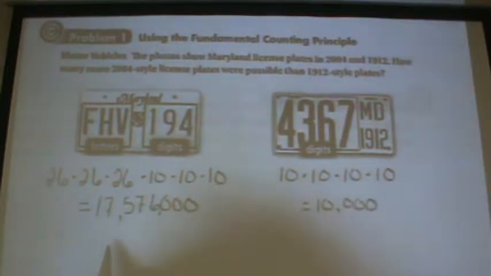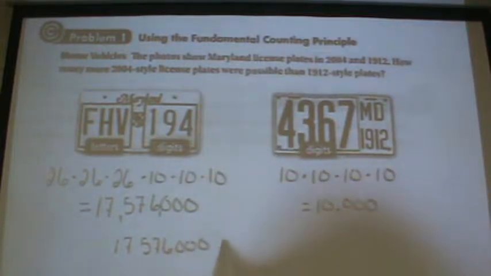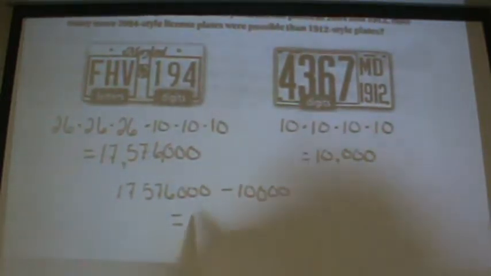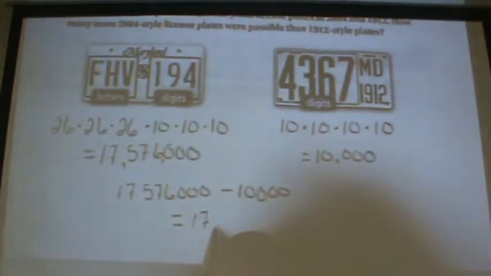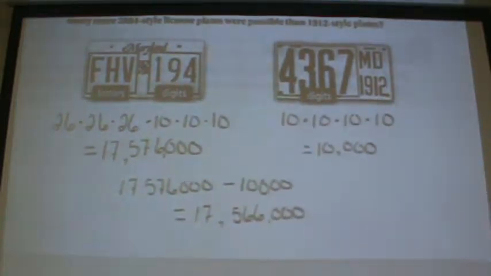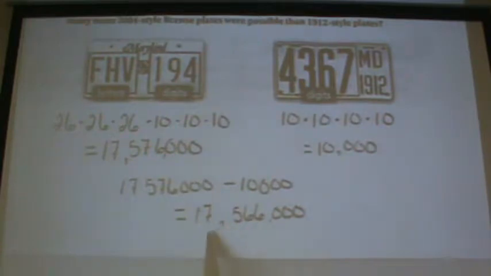So you're going to take the 17,576,000 and subtract the 10,000. And you end up getting 17,566,000. So that's how many more plates were possible in 2004.